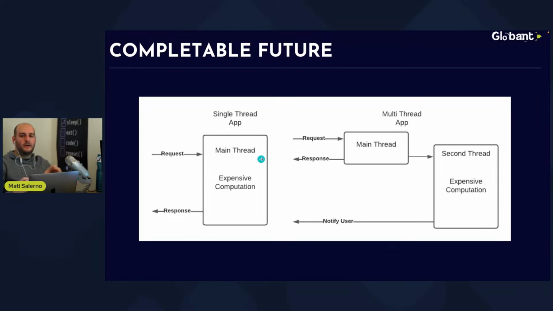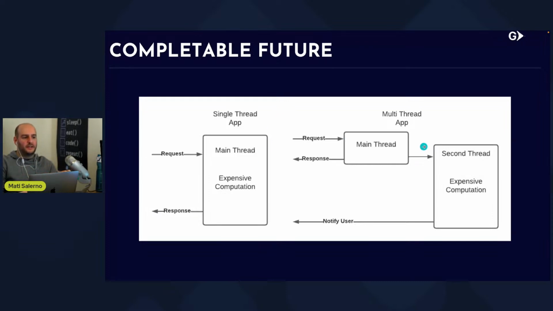There are other reasons why we could do this. For example, let's say we have many computations to run. They are all expensive, but we could run them in parallel because we have many CPUs or many cores in our CPU. So what we could do is split the computation into smaller parts, run them in parallel, and wait for the results to finish.